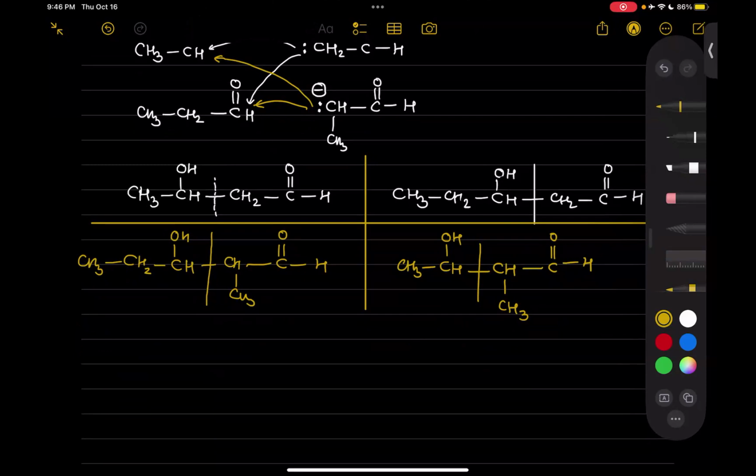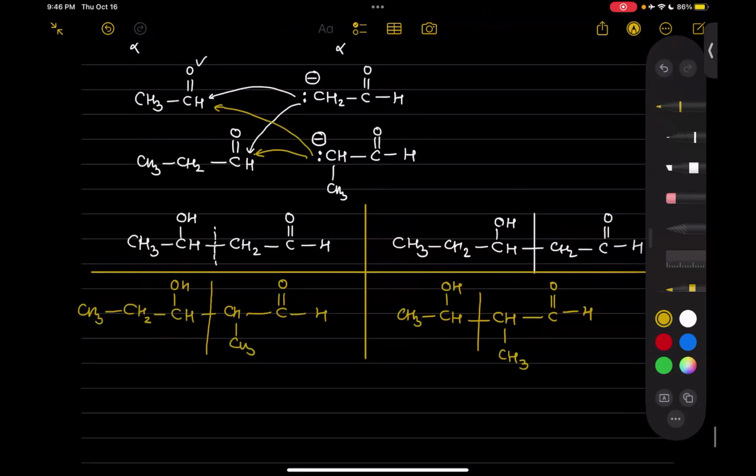So it is not only that every time you have the self product only. If you take two different aldehydes, they can react among themselves and they can react with each other. If they react among themselves, they form the self product, and if they react with each other, they are going to form the cross product. Got it?